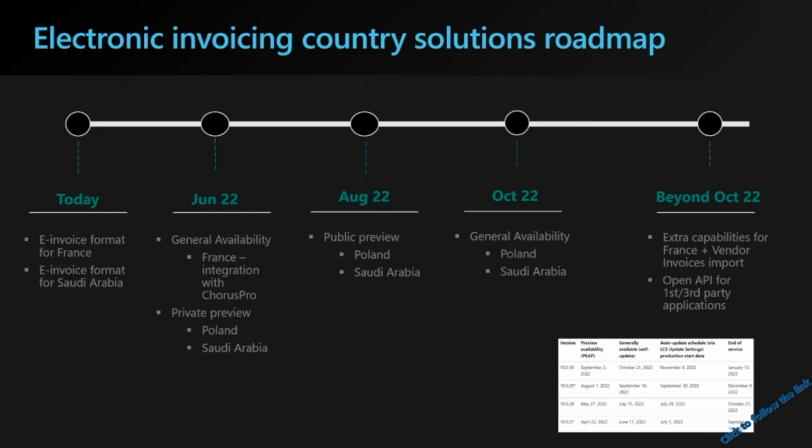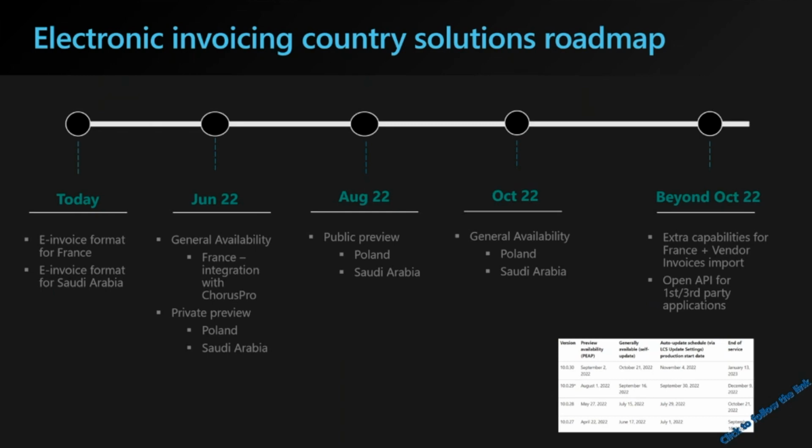Today, we already have some part of the functionality that we presented during this TechTalk event, but there is also a plan to ship the functionality step by step for different countries. You can see that there are several milestones, like June, August, and October, when you can get either preview or generally available functionality for certain countries.